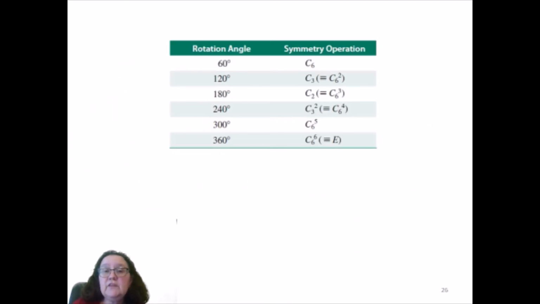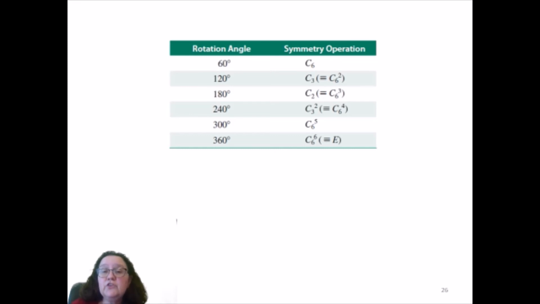So a C6 axis is a rotation angle of 60 degrees. A C3 is a rotation angle of 120 degrees, which would equate to 2 C6 rotations. If you do a 180-degree rotation, that's a C2, which would be 3 times that 60-degree angle, 3 C6 rotations.